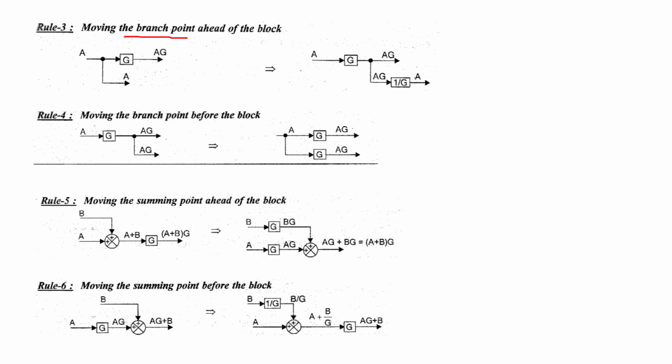Let us say it is as shown in this figure, where A is the input signal passing through the block G. So the output of the block will be A into G. If we are trying to move this takeoff point ahead of the block G, then this can be represented as shown.